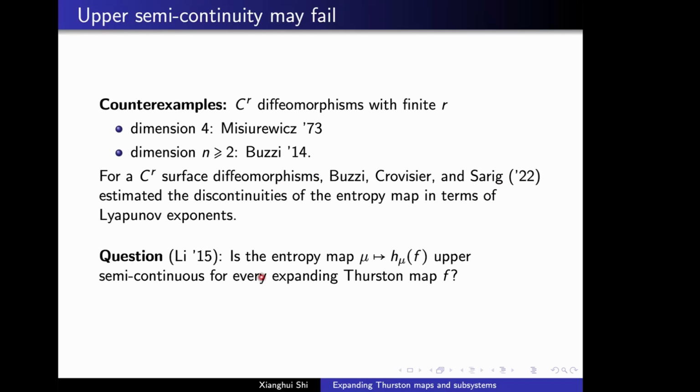They posed a question: is the entropy map upper semi-continuous for every expanding Thurston map? This question is actually the starting point of this work. We already know that. Can I quickly interrupt? I mean, this is just relevant for maps with periodic critical points, correct?